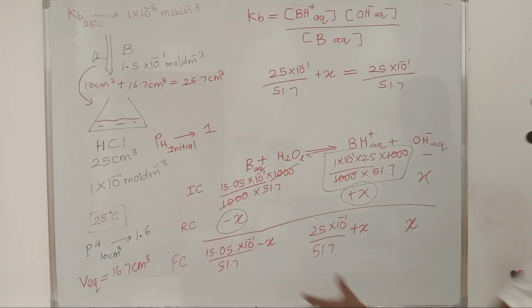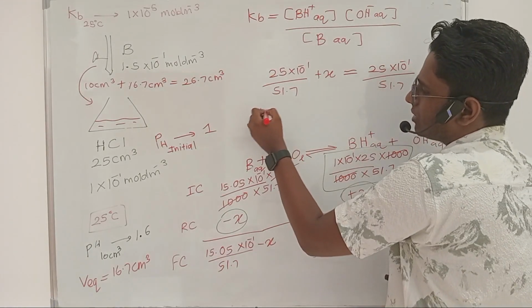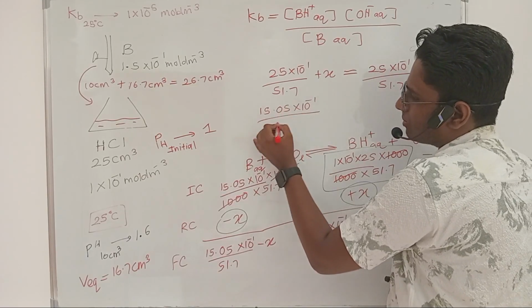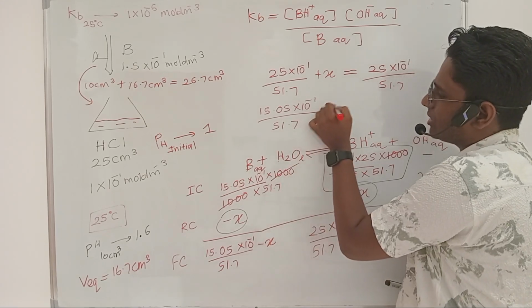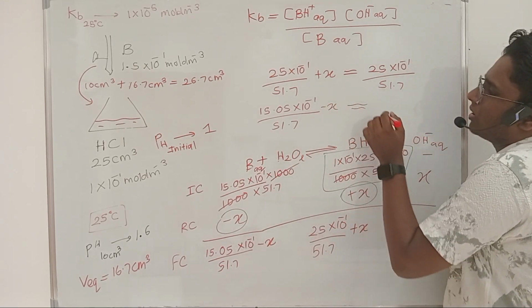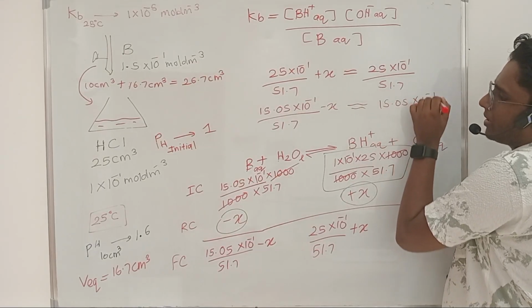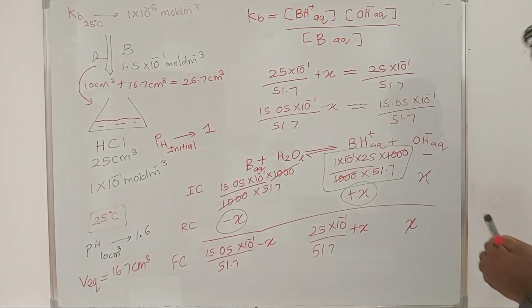Same way for this also you can take that assumption, that is 15.05 into 10 to the power minus 1 divided by 51.7 minus x is approximately equal to 15.05 into 10 to the power minus 1 divided by 51.7, right?